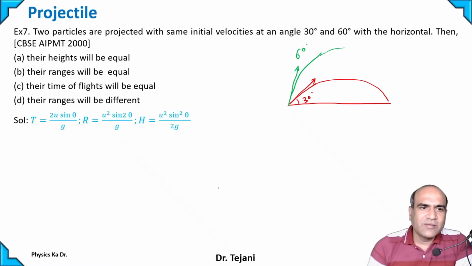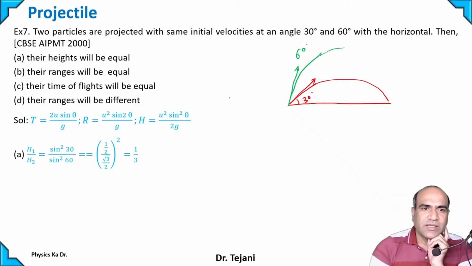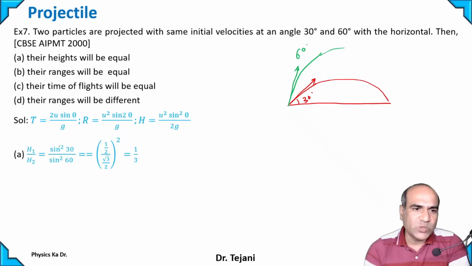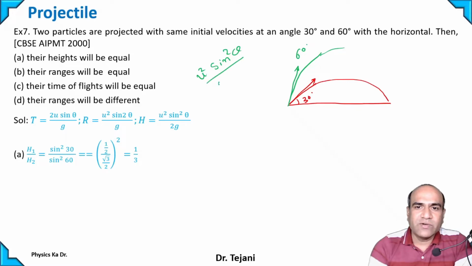Let's check. These are the equations. Maximum height h is equal to u square sine square theta by 2g. The initial velocity is equal, so only theta is different.